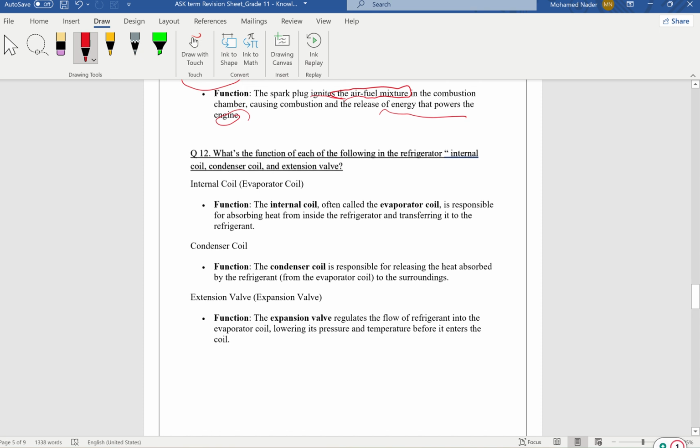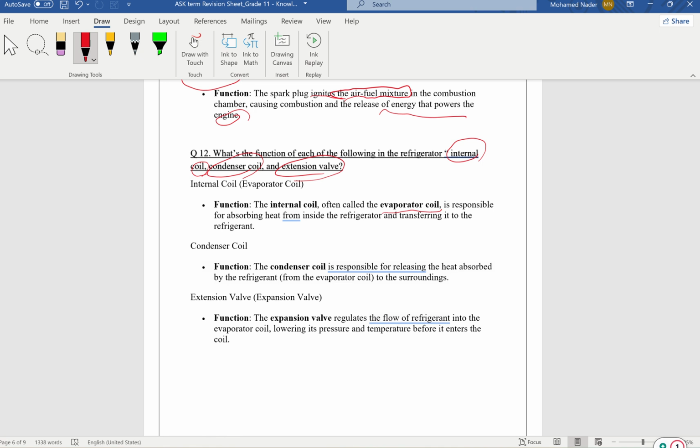What is the function of each of the following in a refrigerator? What is the function of the internal coil, condenser coil, and expansion valve? The internal coil can be used for evaporating, we call it an evaporating coil, and it's responsible for absorbing all heat. Imagine that you put a soup, and this soup is very hot, inside the refrigerator.